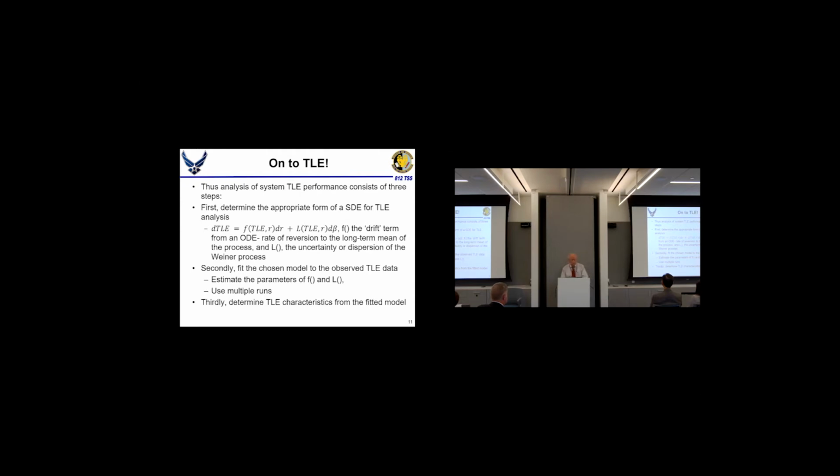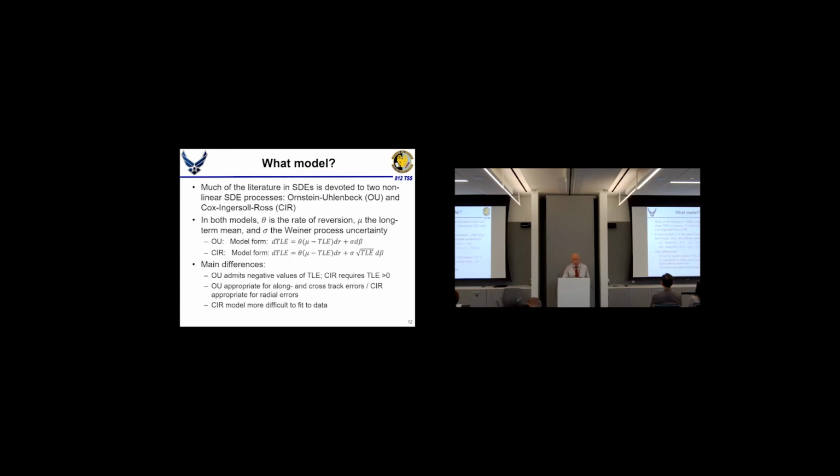So you can see in the determine the appropriate form for this stochastic differential equation, the second bullet. That's the typical form. The change in target locator error is a function of target locator error and range to the target, plus a forcing function based on that random walk. Okay, and so then, there's a couple of models that are famous you can look at.